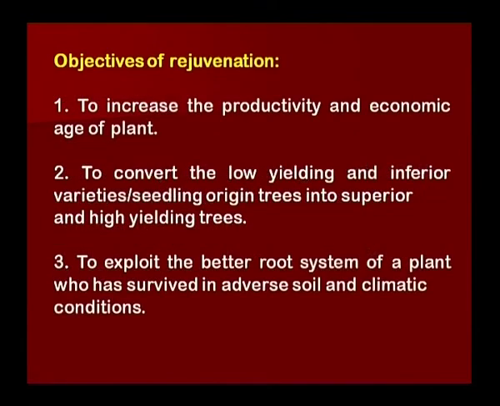Objectives of rejuvenation: to increase the productivity and economic age of the plant, to convert the low yielding and inferior varieties or seedling origin trees into superior and high yielding trees, to exploit the better root system of a plant which has survived in adverse soil and climatic conditions.